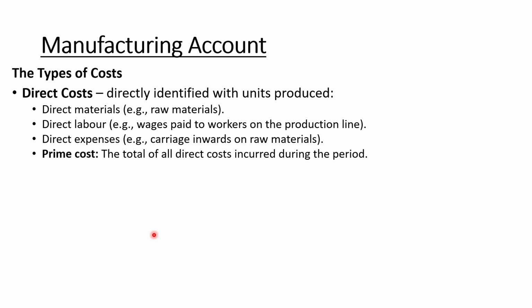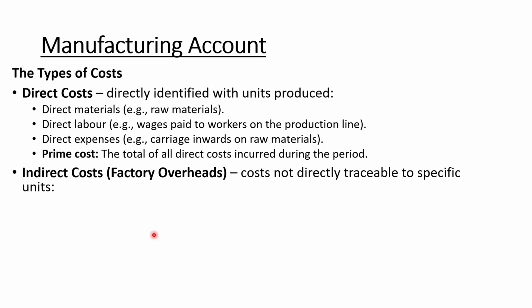Then we also have prime cost, which is the total of all direct costs incurred during the period. These direct costs, which include direct materials, direct labor and direct expenses, when you add them, you get the prime cost.